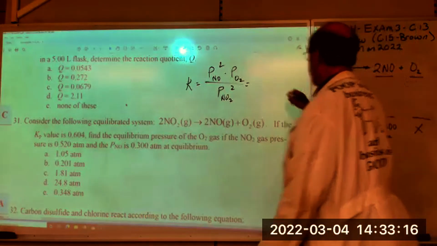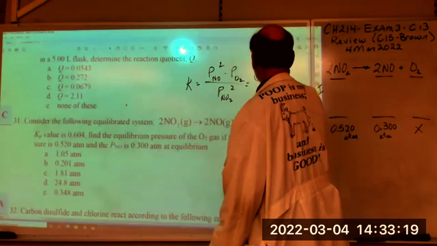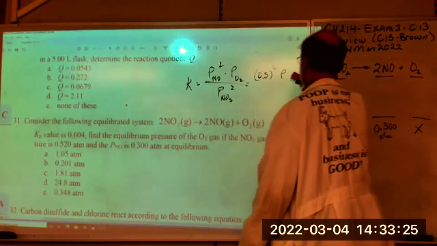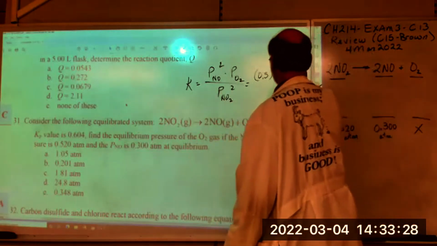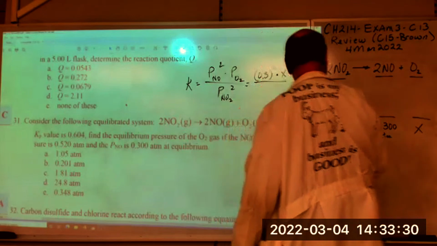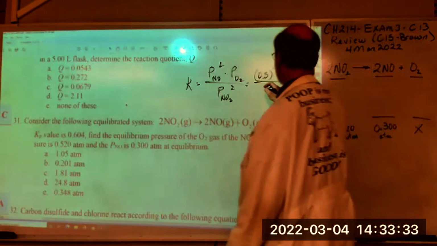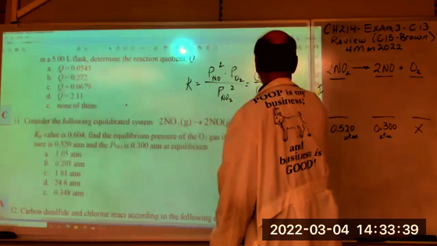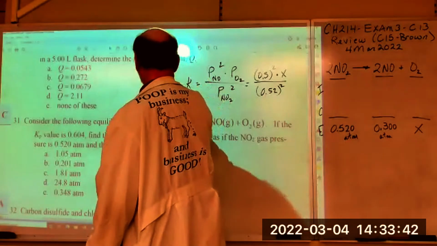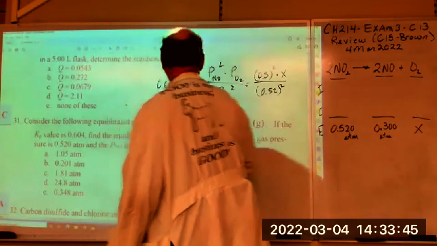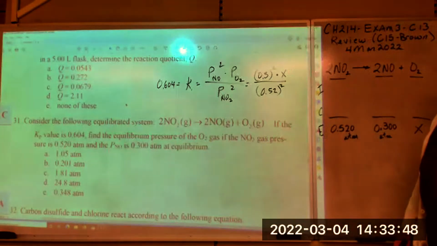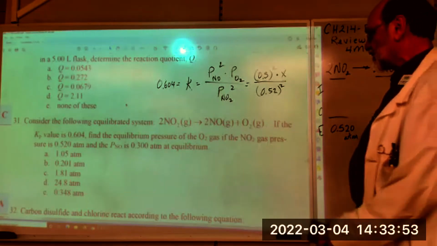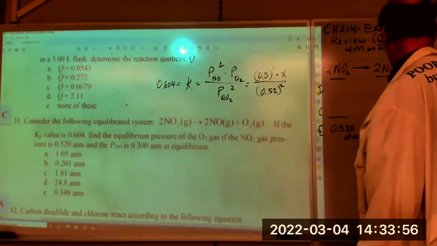So NO is 0.3 squared. That's our unknown, or we could call it X, just to be consistent. And then NO2 is also squared, 0.52 squared. And this is all equal to 0.604. Yep, we can figure it out. Just solve for X. And it should be 1.81 atmospheres.